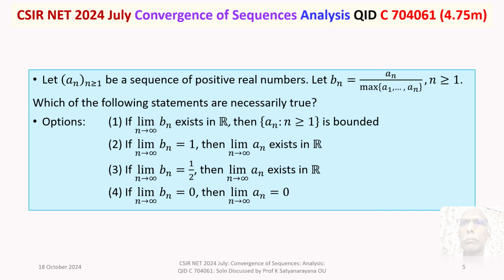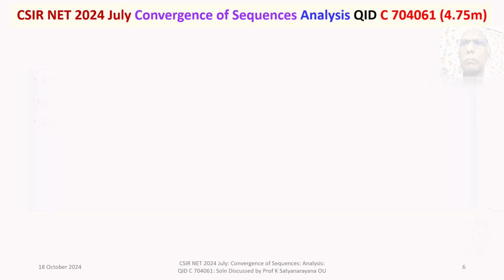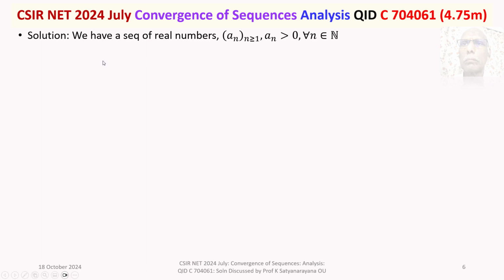Let's now discuss the solution of the problem by taking the options one after the other. First, we have a sequence of real numbers (a_n), n greater than or equal to 1, where a_n is positive for all n belongs to N. That means it is a sequence of positive real numbers.